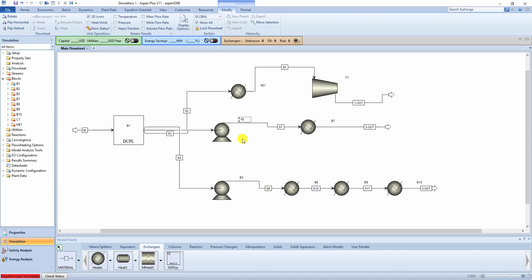I'm just double clicking on these tags. So heat exchanger 1 for process 1, heat exchanger 2 for process 2, and since we have 3 of them in line, heat exchanger 3-1, 3-2, and 3-3. Clean it up just a little bit.